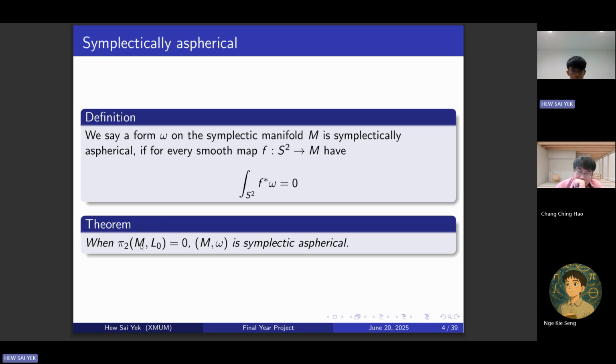When pi_2(M, L0) equals 0, M is symplectically aspherical. Since it follows that pi_2(M) equals pi_2(M, L). Then every sphere in M is homotopic to a disk with boundary in the Lagrangian submanifold, so the symplectic area must be 0. Then M is symplectically aspherical.